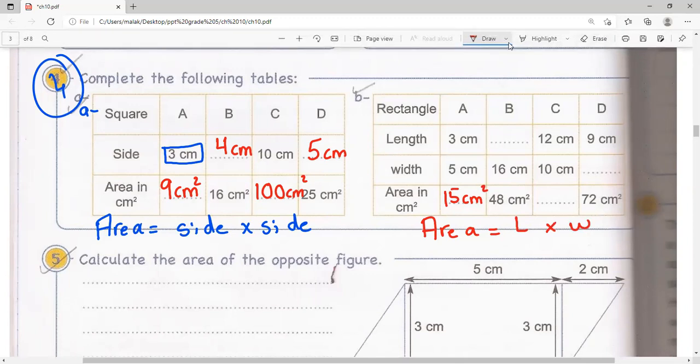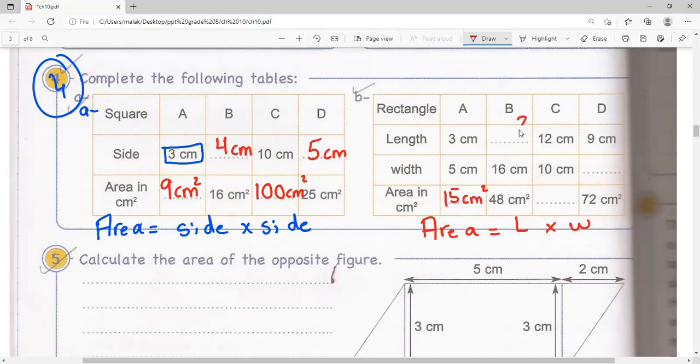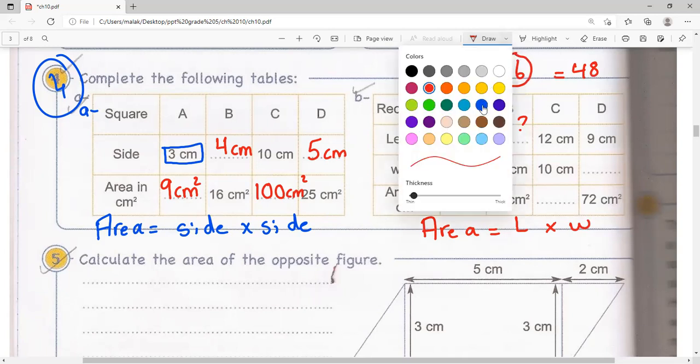Now, I want to hear your voice. You will find the length. We have the width 16 and the area 48. So we have to look at table 16 and check which number in table 16 gives us 48.